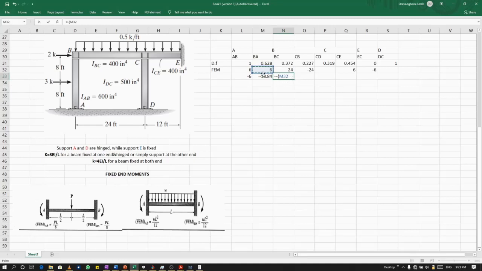Oh, sorry. I just noticed a mistake I made here. I'm going to correct this real quick. Okay, so this is supposed to be negative. Let me try putting that there again.